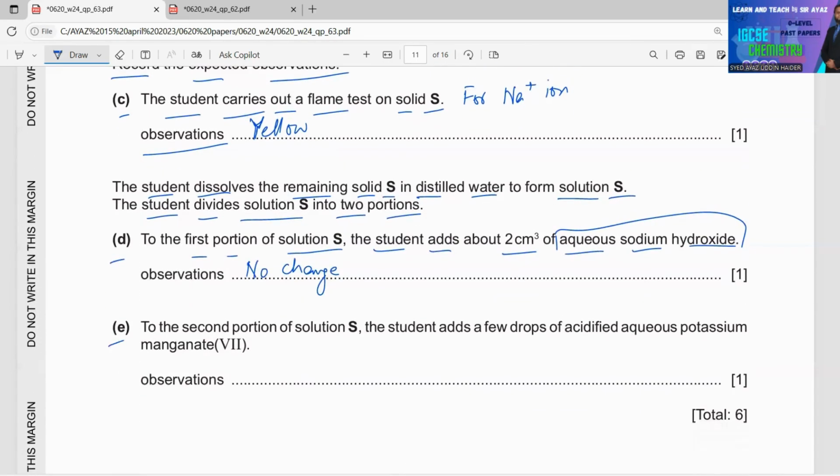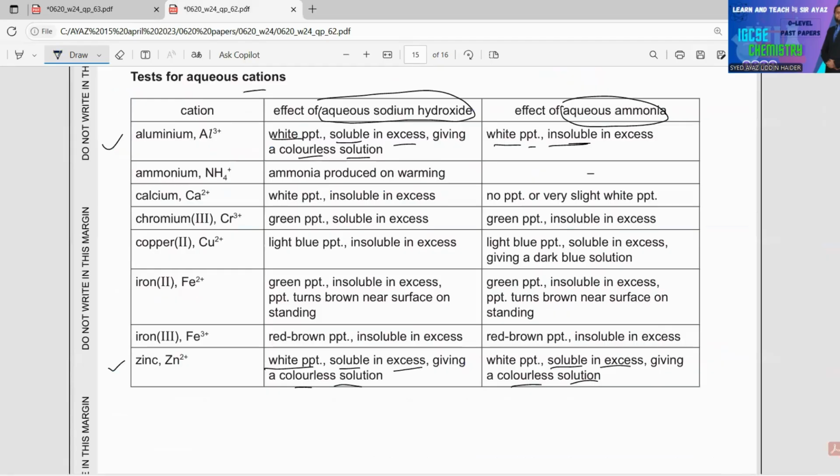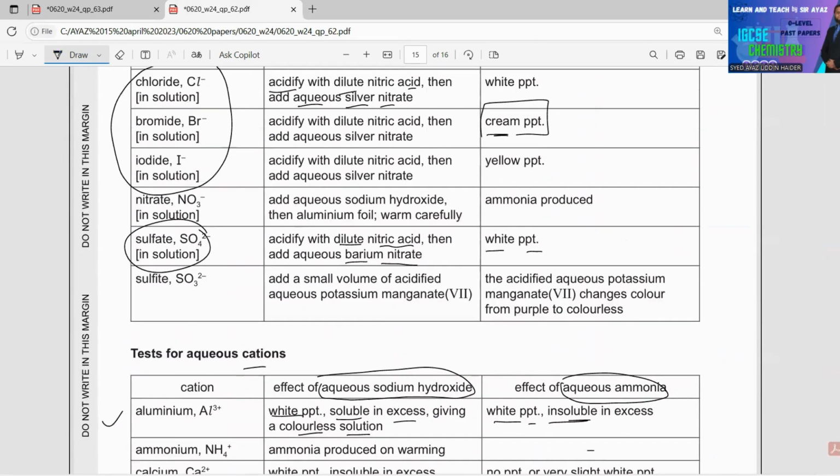E. To the second portion of solution S, the student adds a few drops of acidified aqueous potassium manganate(VII). Observations. This must be the test for the presence of the anion sulfide here. If you add a small volume of acidified aqueous potassium manganate(VII), this will change its color from purple to colorless.